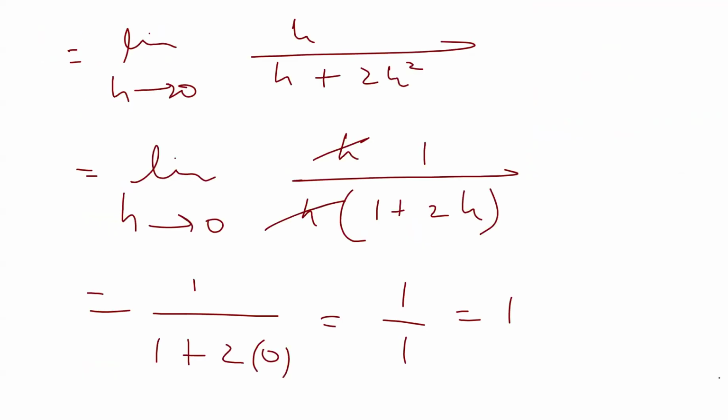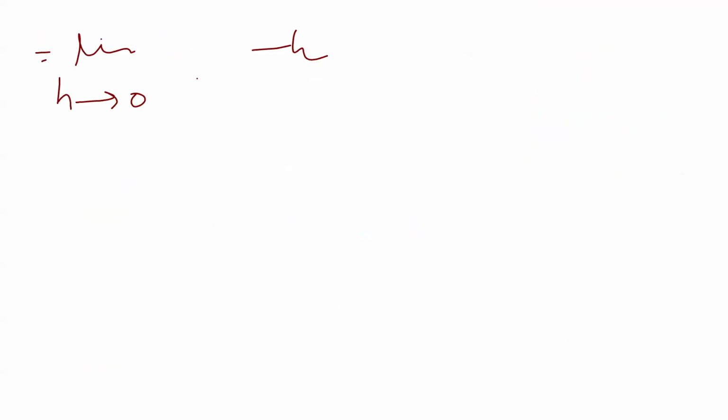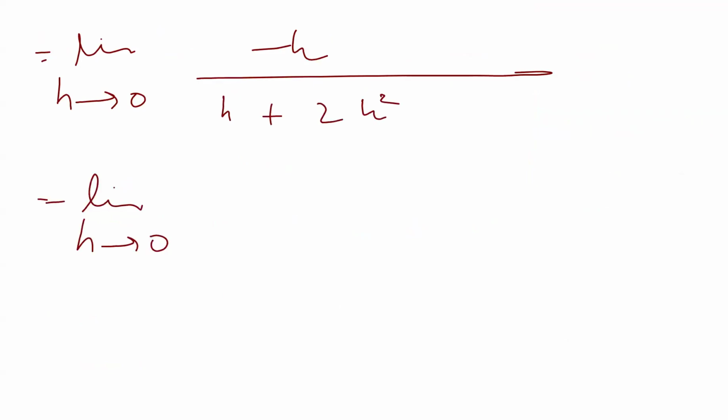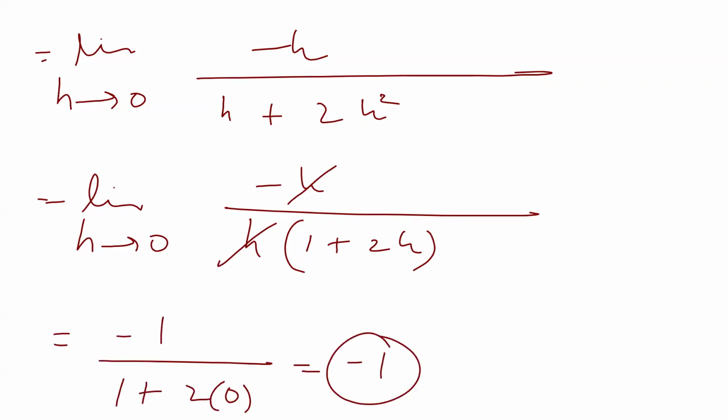Modulus of minus h is h. So minus h upon (h plus 2h square). Take h common in the denominator. So this is minus 1.